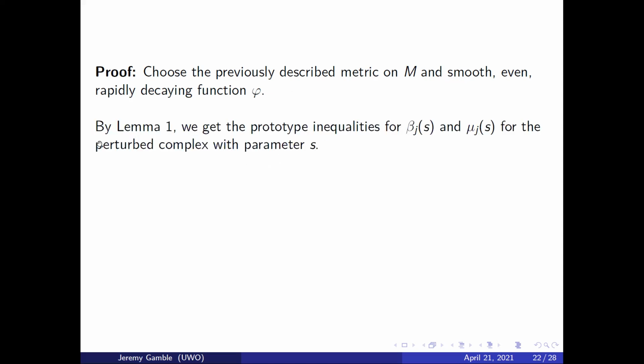Okay, so by lemma 1, as I was saying, it's a general lemma that does apply to this perturbed deRham complex. We get those prototype inequalities for each s, real numbers, and associated Morse function h. So we've now got a system of inequalities for each s, and from these, we're going to get the actual Morse inequalities.